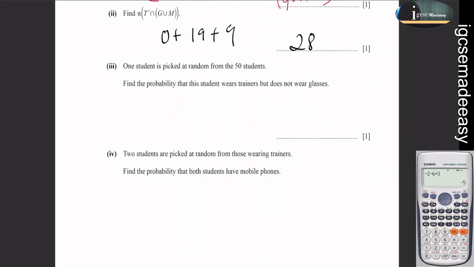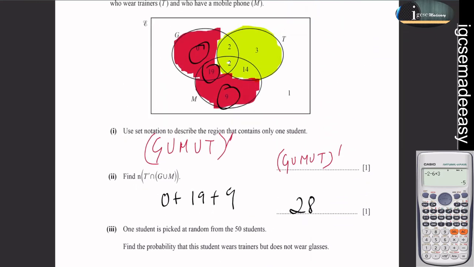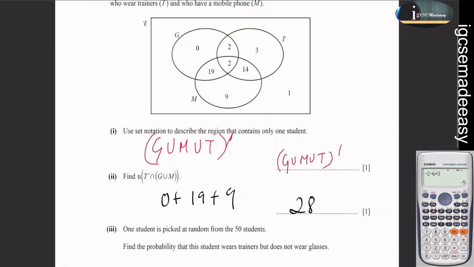Part 3. One student is picked at random from 50 students. Find the probability that this student wears trainers but not glasses. So trainers but not glasses. How to represent? See, let me shade the trainer.